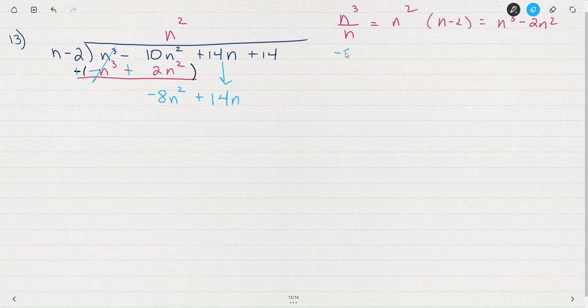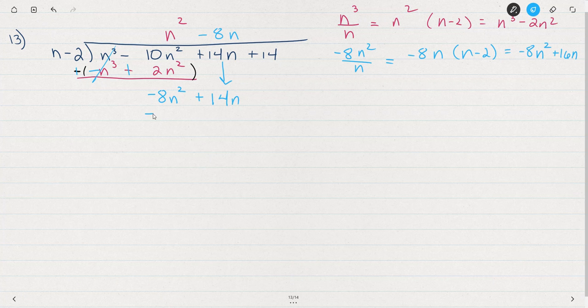So we now have negative 8n squared divided by n is negative 8n. I write that on the top of the bracket above the n term, and then it's time to multiply. Multiply by n minus 2. Negative 8n squared plus 16n.